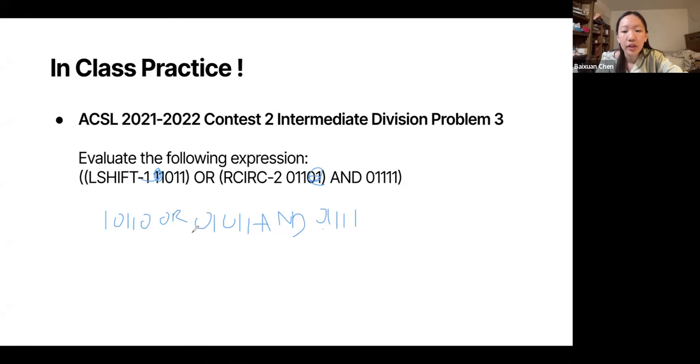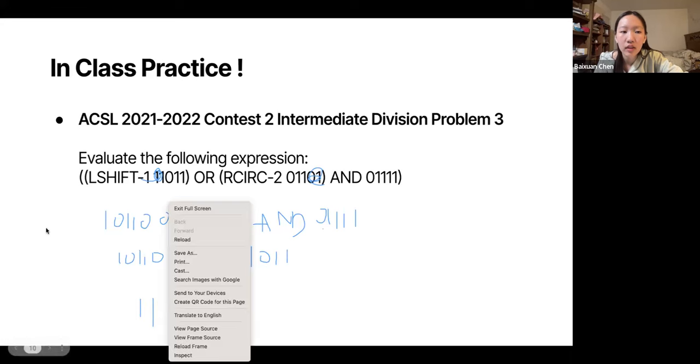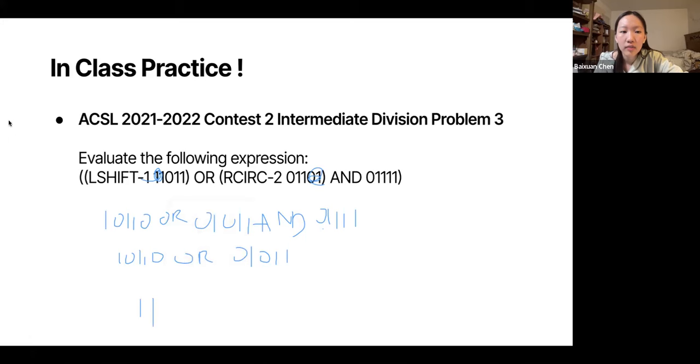So we evaluate the AND first, so it'll be 1 0 1 1 0, OR, and then for the AND, it'll only return a 1 if they're both a 1, so it'll be 0 1 0 1 1. And for the OR, it'll return a 1 as long as at least one is 1, so it's 1 1 1 1 1.